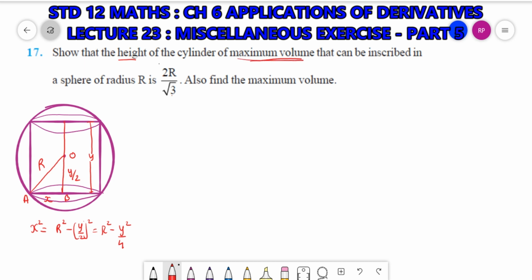The volume of a cylinder has the formula pi r square h, where r is the radius of the base. What is the radius here? x. So pi x square h. What is the height? We have taken it as y. Now let's put the value of x square, which we had already found in terms of y, that is r square minus y square by 4.